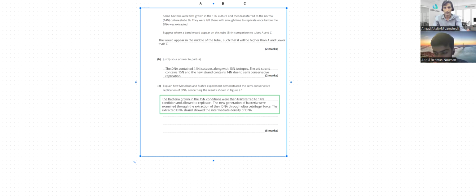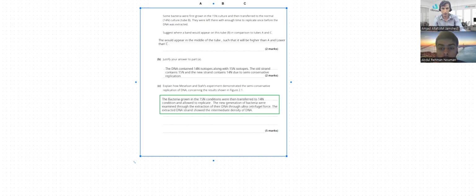Got it? That's good. If you want to improve anything from here, you can. The bacteria grown in the N15 conditions were then transferred to the N14 condition and allowed to replicate. The new generation of bacteria were examined through the extraction of their DNA through ultracentrifugation. You should write the name of the technique here rather than talk about the centrifugal force.